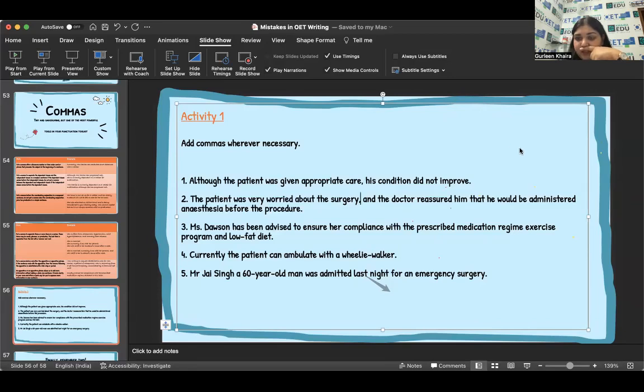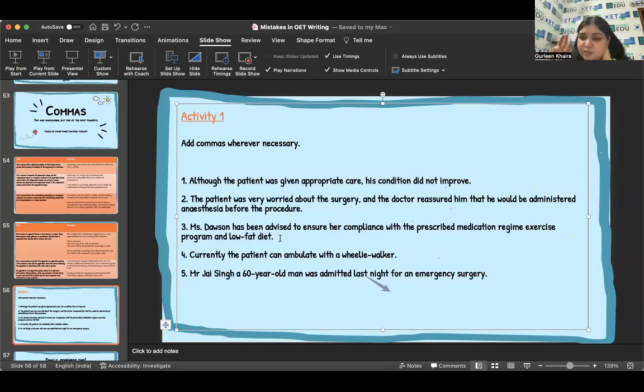Very good. Very good, Dr. Aman. Okay, so this is a series, right? Series of items: prescribed medication regime, then there is exercise program, and then low-fat diet.